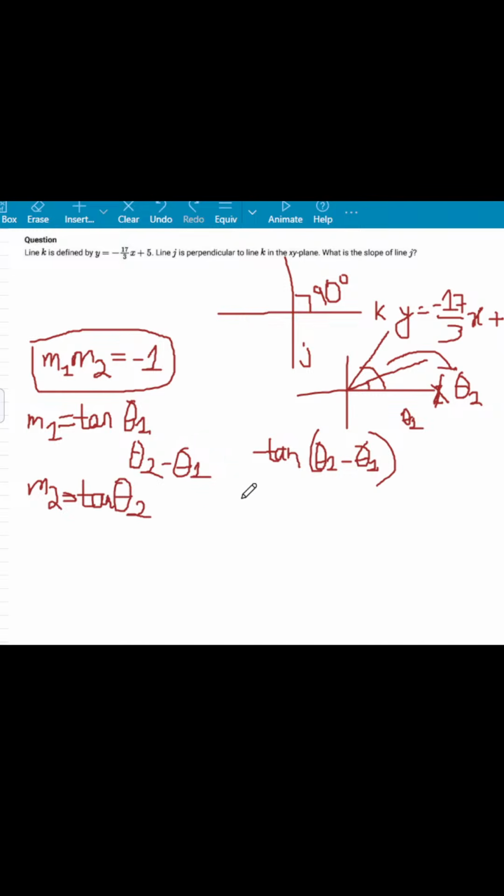Then tan of theta 2 minus theta 1 becomes, the formula is tan theta 2 minus tan theta 1 divided by 1 plus. So this is the formula for tan of a minus b, for any two angles.